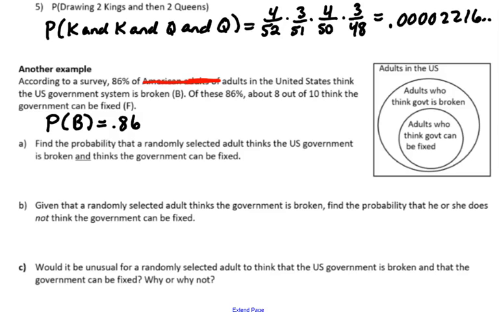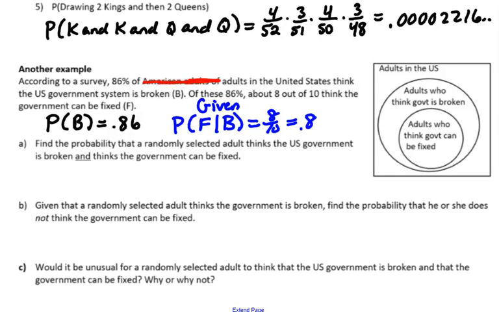Of these 86%, another way we could think of that is given that they think the government is broken. So when you see this, it is a given. Given that they think the government is broken, about 8 of the 10 think the government can be fixed. So this is the probability that they think the government can be fixed, given that they think the government is broken. And this is 8 out of 10, or 0.8.